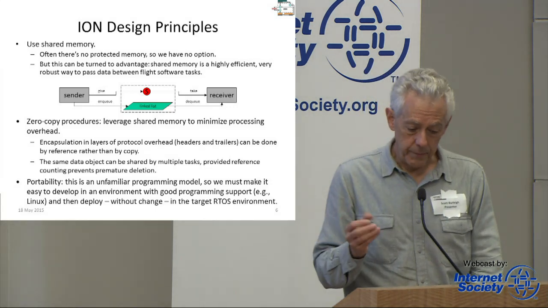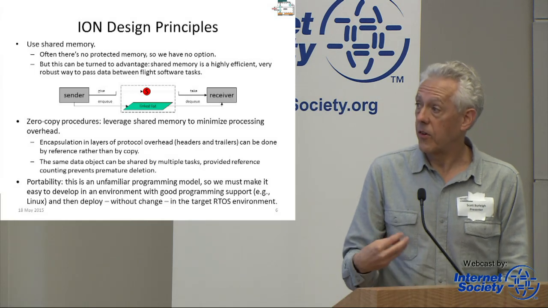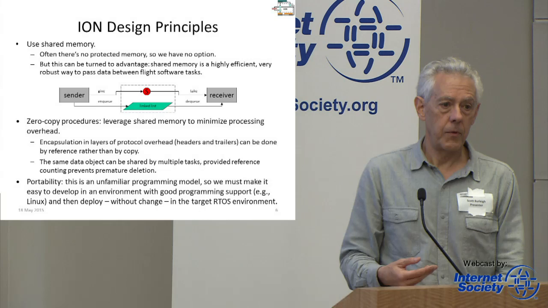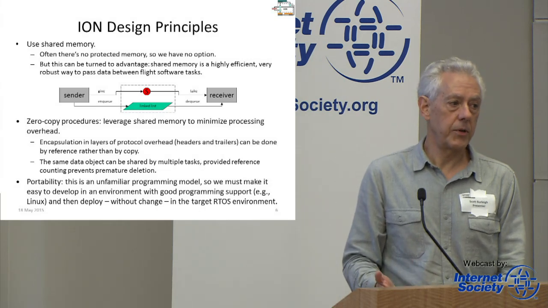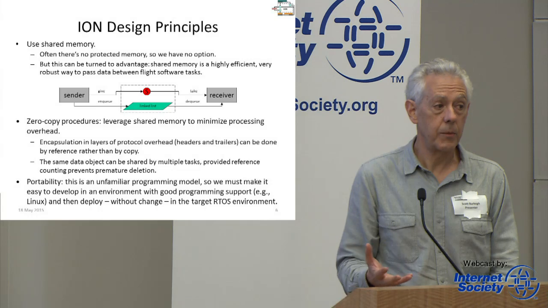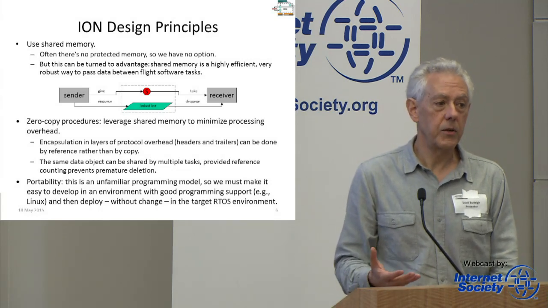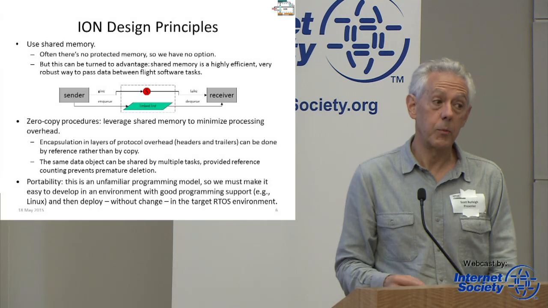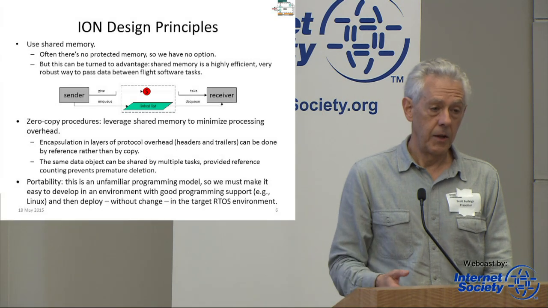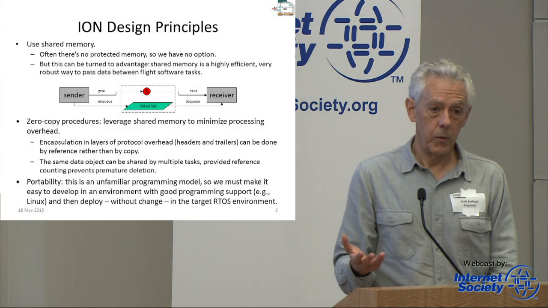And then portability. I mentioned before that ION is designed to be extremely portable, and that's because the shared memory, non-protected memory and real-time operating system environment is, I know from personal experience, a difficult environment to do software development in. It's much better, much easier to do your development in, say, Linux, and then recompile it for VxWorks than the other way around.